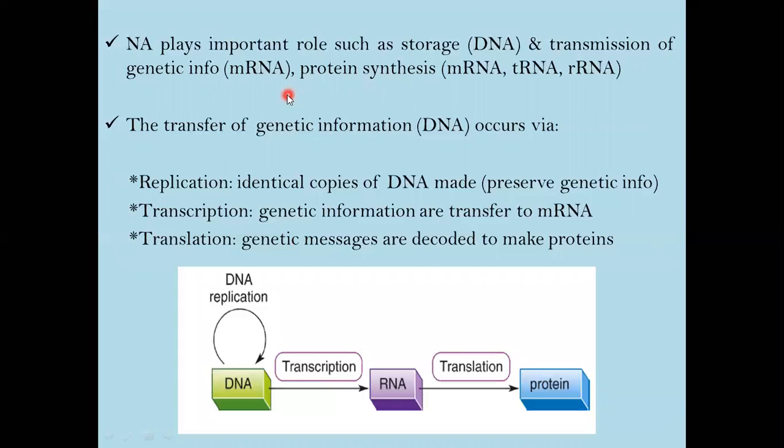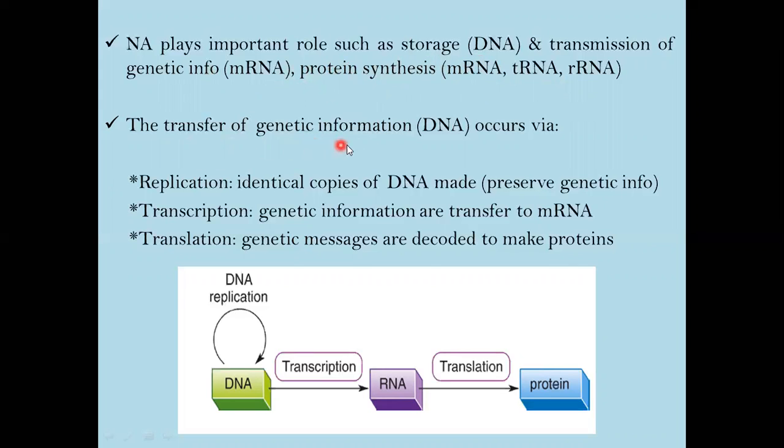In protein synthesis, mRNA is converted into proteins, and the three types of RNA, messenger RNA, transfer RNA, and ribosomal RNA, all take part in this process. So these are some important roles played by nucleic acids, especially DNA and RNA.